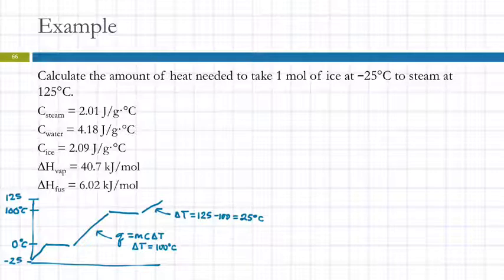This first segment here, what's delta T? 25. Final minus initial. The final temperature for that segment is 0 minus the initial temperature of negative 25. That's 25 degrees. Any questions?